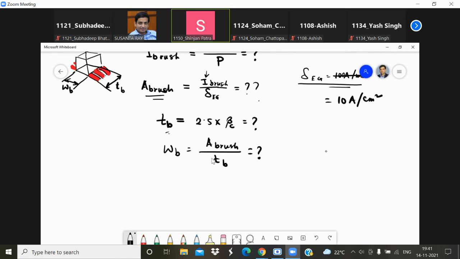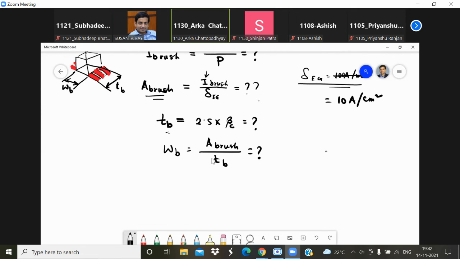Sir, for a 160 kilowatt machine, my PV is 17.675. Okay. Sir, for 50 kilowatt, I am getting a thickness of brush as 11.95 mm. Okay.